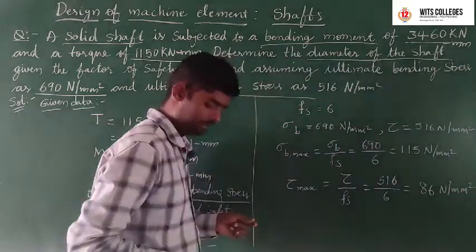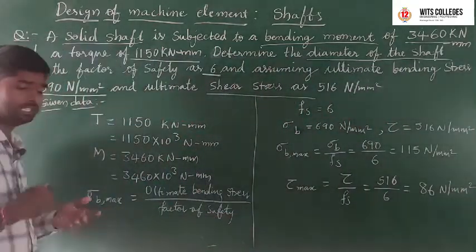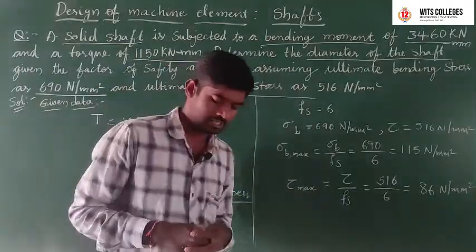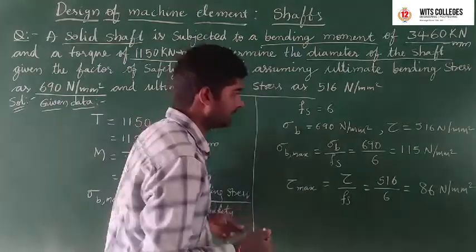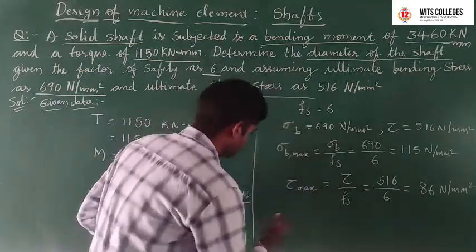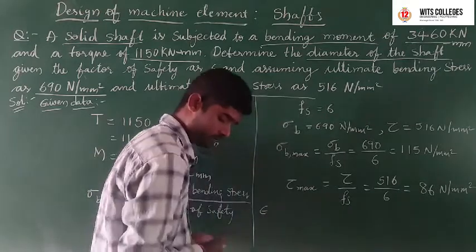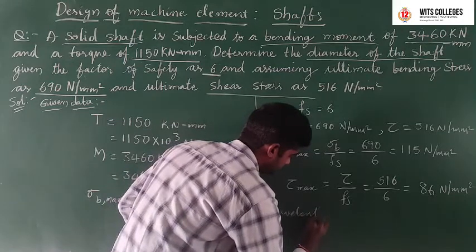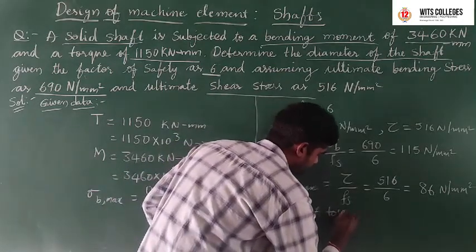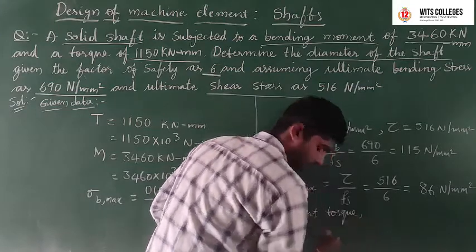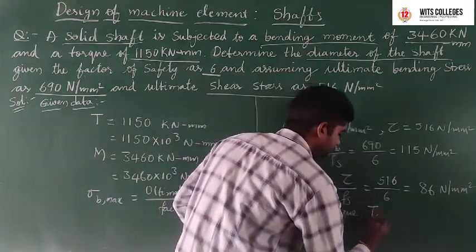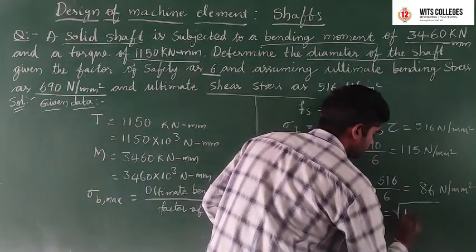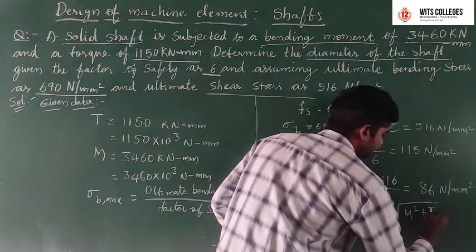Next, the equivalent torque equation. Already we discussed equivalent torque in the last class. Equivalent torque is denoted by TE and is equal to under root M square plus T square.